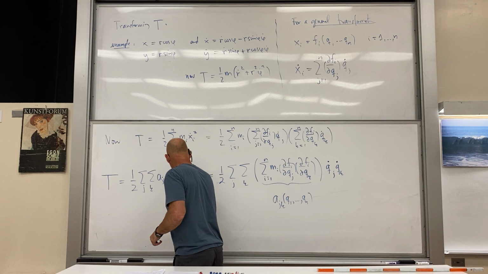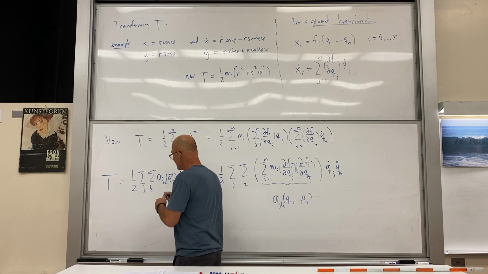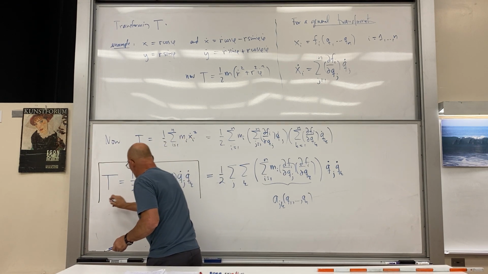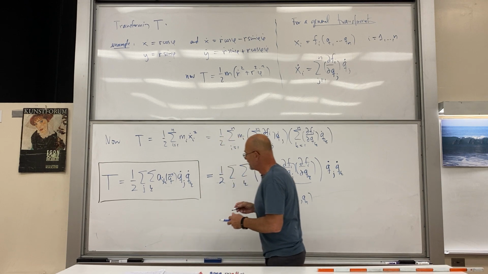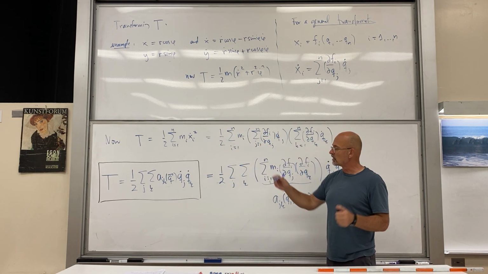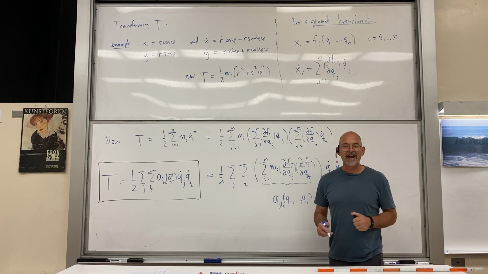Now this is something that you see a lot of in math and physics. This kind of a double sum, so you get used to it. We're going to see them all over the place. It's called a quadratic form.